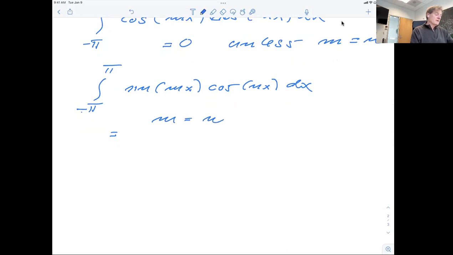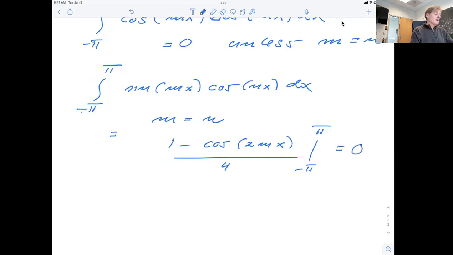This is now going to be given by an integral of 1 minus cosine of 2 times m times x divided by 4, from minus pi to pi. And even in the case when m is equal to n, this is equal to 0. If m is different from n, this is also going to be equal to 0.